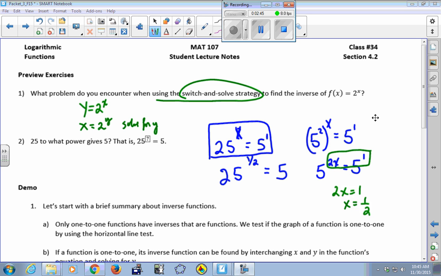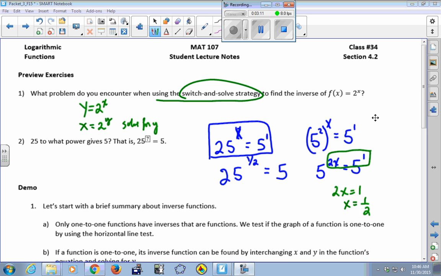So what's the problem we run into trying to solve that for y? Yeah, how do you do it? y is the exponent. x to the y, you can't do x to the y. That doesn't make any sense. Our goal here is to have y equal something, and we can't do it.